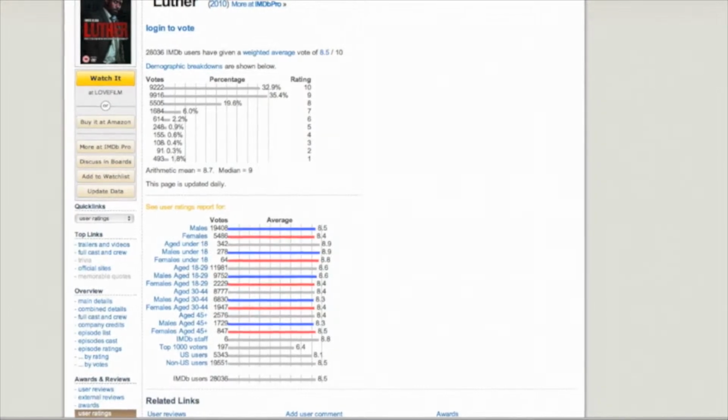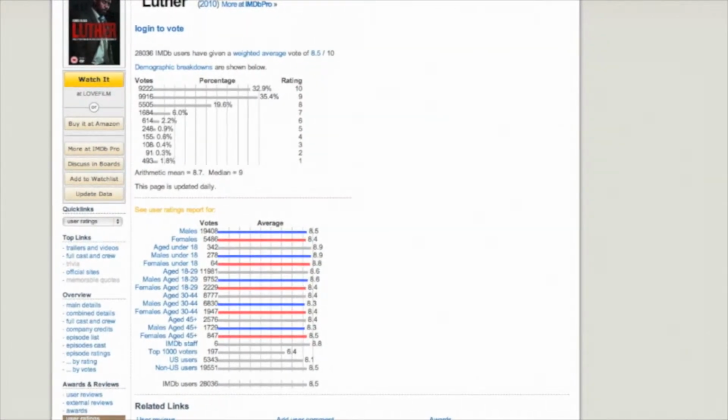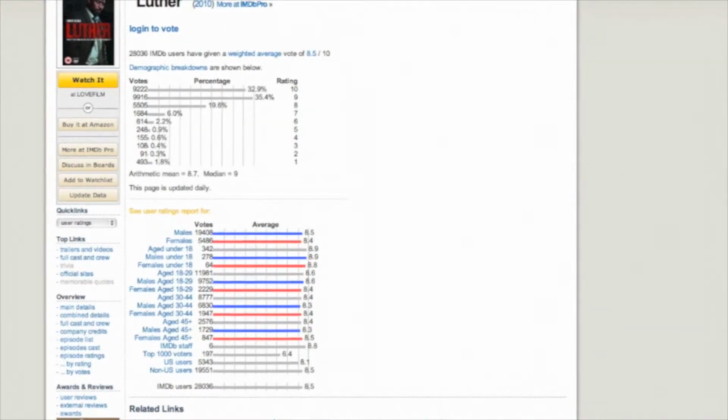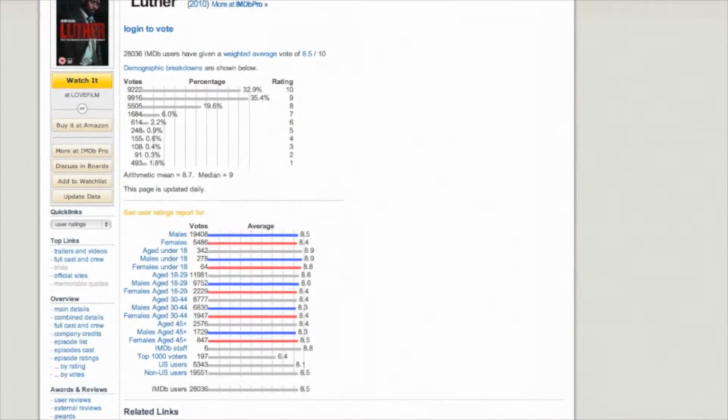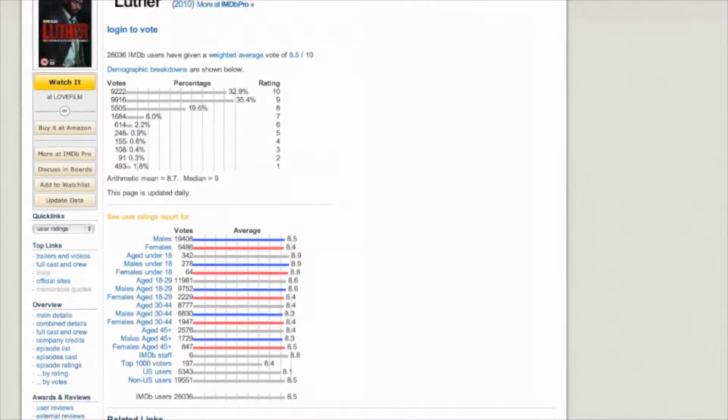The first type of research I had to carry out was target audience research. I was able to do this by going onto IMDb and searching up movies that were similar to mine and looking at their database profiles. As you can see, I was able to see what gender and age range likes the film the most.